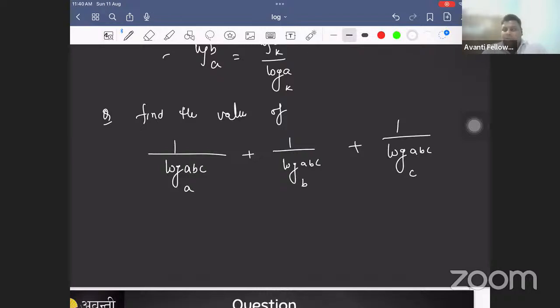Quickly explain the answer. Very good. 1 is the correct answer. Anybody else?